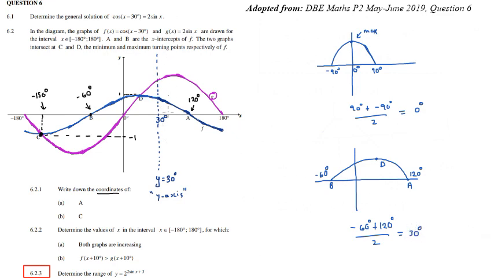Which means that I've actually overestimated where our imaginary y-axis is supposed to be. So if I just fix it quickly, this is not where 30 degrees is.